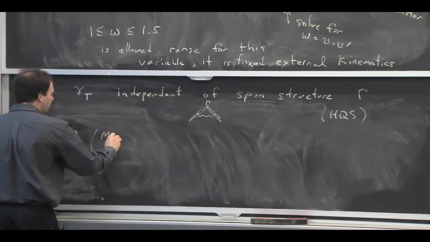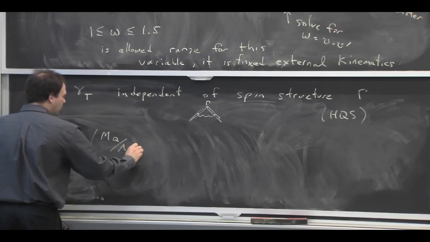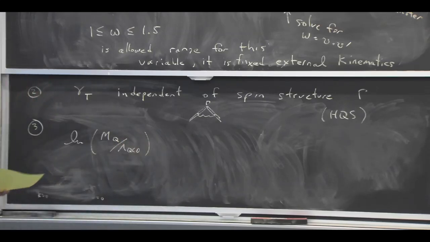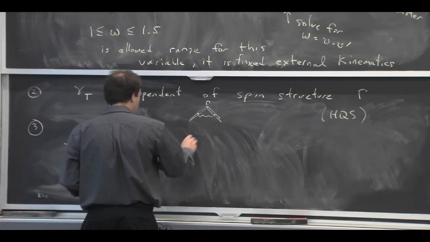So what is physically going on here, and what is the HQET doing for you, is that there's logs like this, m_q over Lambda QCD in QCD.